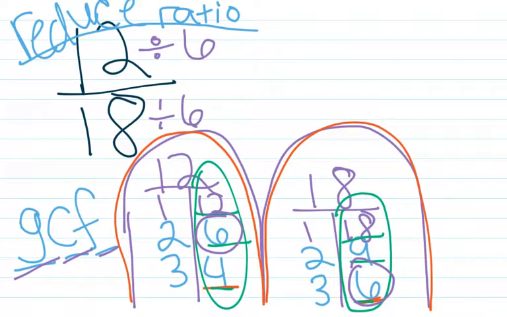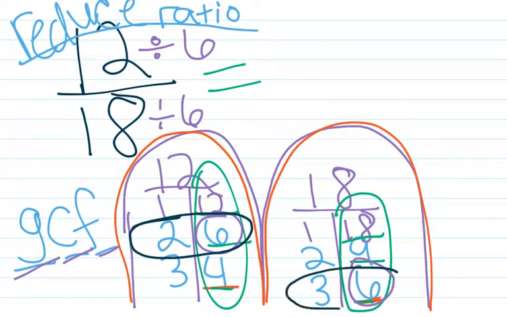Now, here is a fun fact and an easy one too. If we look at our factors for 12 and 18, if we look at the combination of 6 on the right side, but what's the number on the left side?